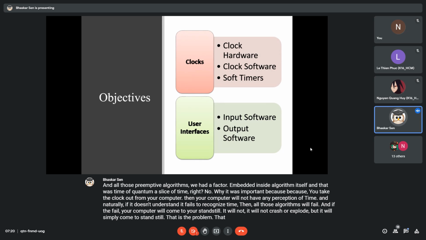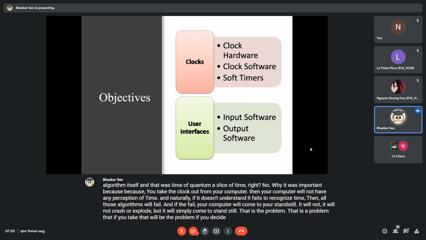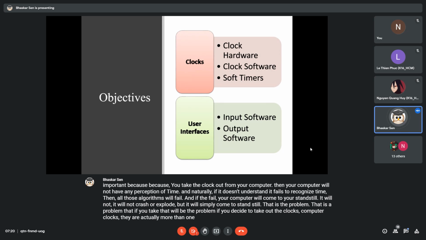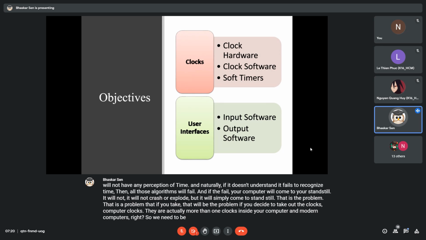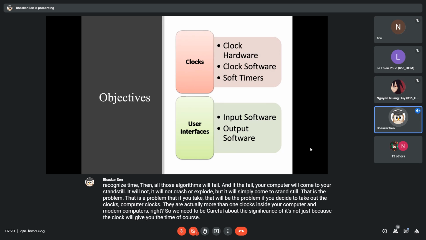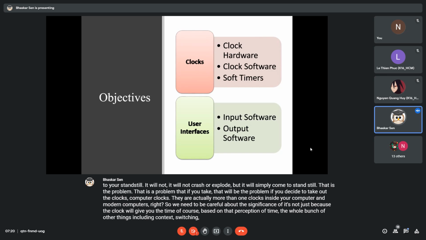That is the problem if you decide to take out the computer clocks. There are actually more than one clock inside your computer, in modern computers. So we need to be careful about the significance of the clock. It's not just because the clock will give you the time. Of course, based on that perception of time, there are a whole bunch of other things, including context switching, as I've pointed out right now, that are being performed and controlled.